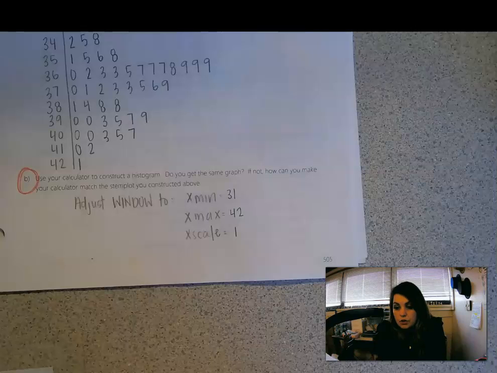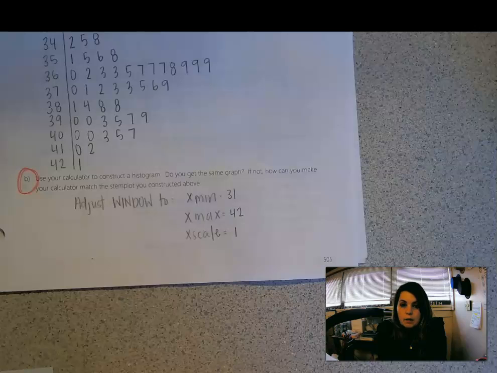And the question is, do you get the same graph? For most of you, the answer should be no. Like for 90% of you, the answer should be no. In fact, if you said yes, I'm curious to know why your calculator would break it down like we did in the stem plot. And here's why.